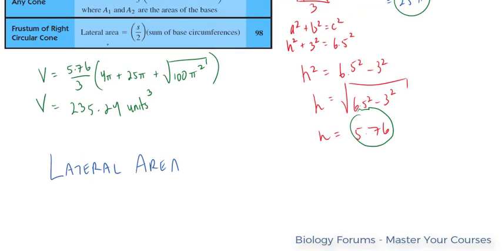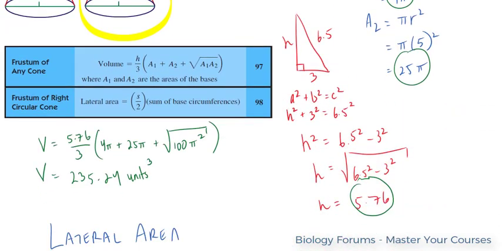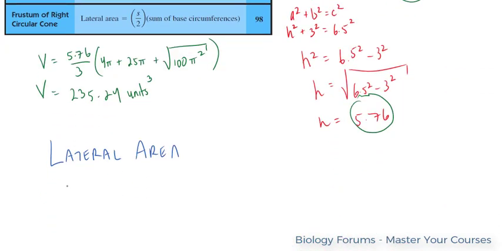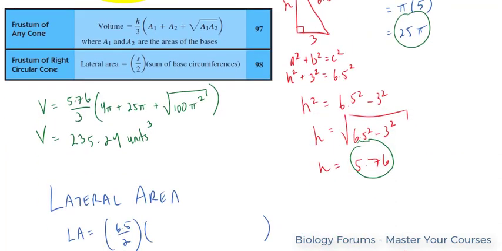The formula for lateral area is given above here, where your S represents the slant height. And lucky for us, that was given to us a while ago, was 6.5. So lateral area, which we'll represent as LA, is 6.5 divided by 2 times the sum of the circumferences. Now, fortunately for us, we have to find the circumference for A1 and A2, the top and the bottom circles.